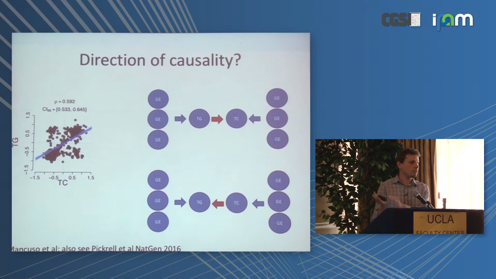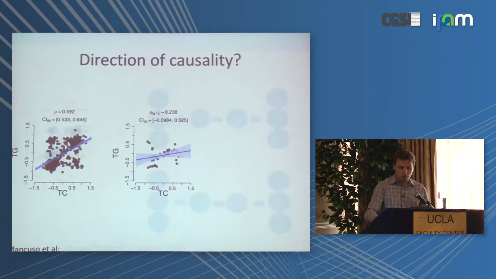So there'll be a strong correlation in their effect size. And that's not going to be the case here, okay? So if you condition on one side, then you can see the effect. If you condition only on genes that impact TG, then you should see a correlation in their effect size with their effect on TC, if this is the case, but you won't see it in the other case, okay?